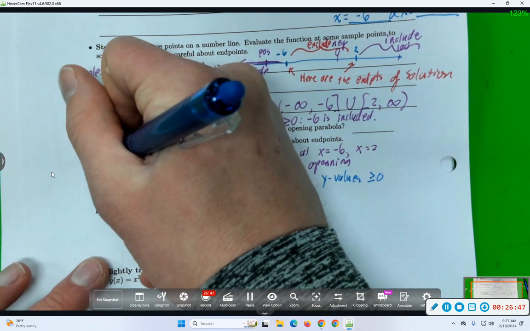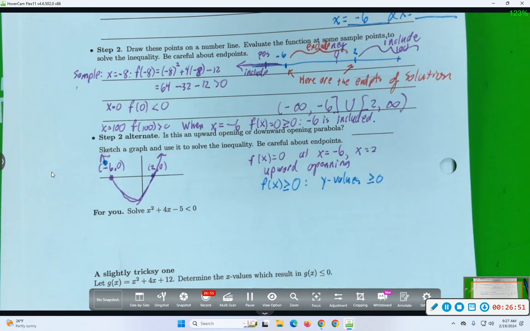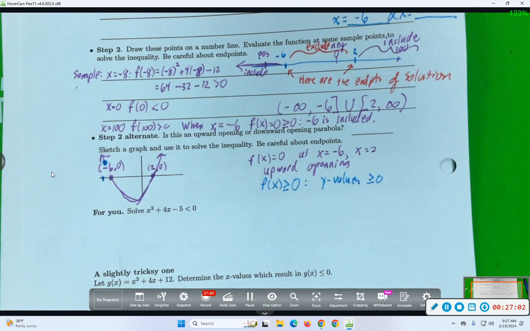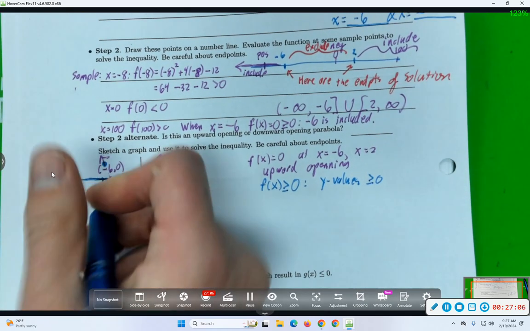So let's just test some points on the graph. That point that I just highlighted in blue, does it have y value bigger than or equal to 0? Yeah, it's above the x-axis. So that means this x value is a solution. Oh, cool. So all of the x values over here are solutions.